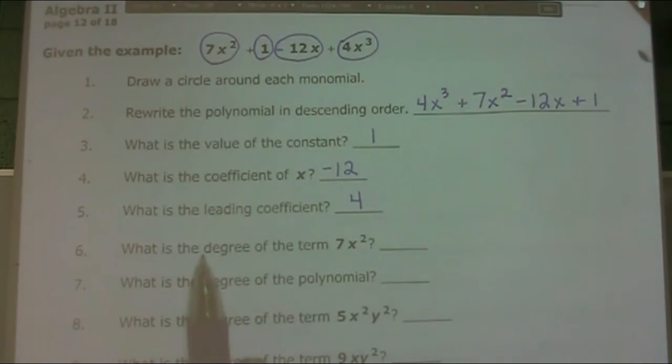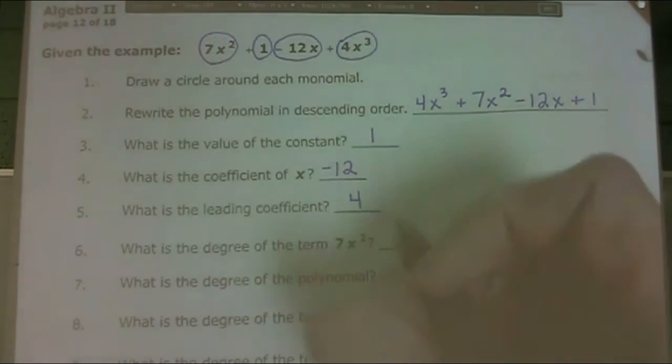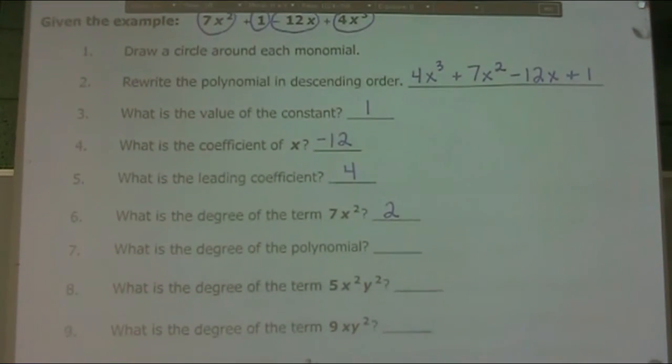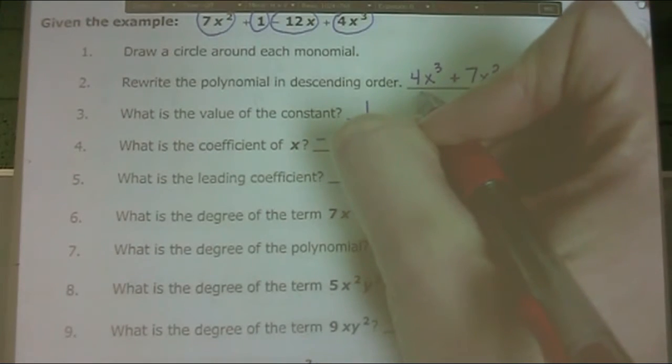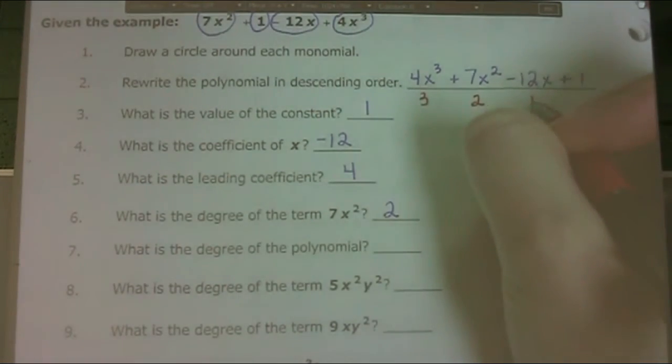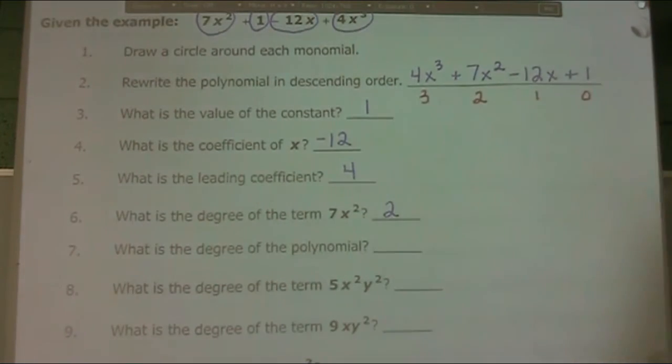What is the degree of the term 7x squared? The degree of the term is simply all of the powers added up, and we just have the power 2. The degree of the polynomial, which is our next question, is the highest of the degrees of the monomial. So the degree of this monomial is 3, this one is 2, this one is 1, and this one is 0.